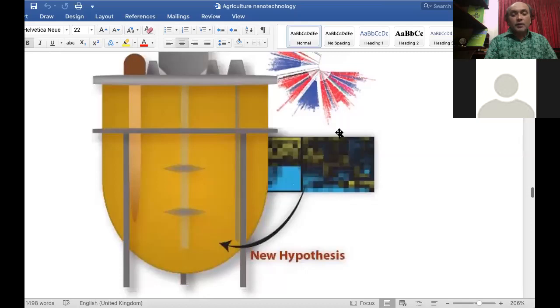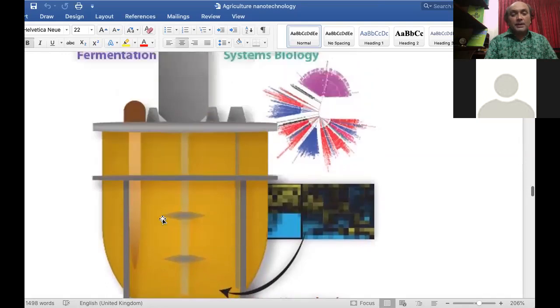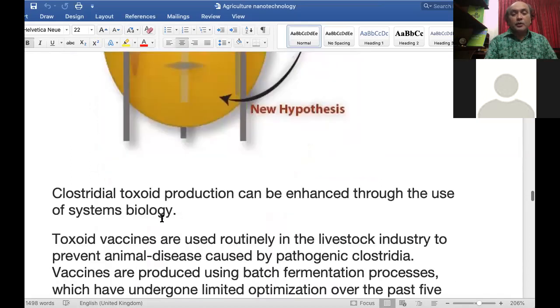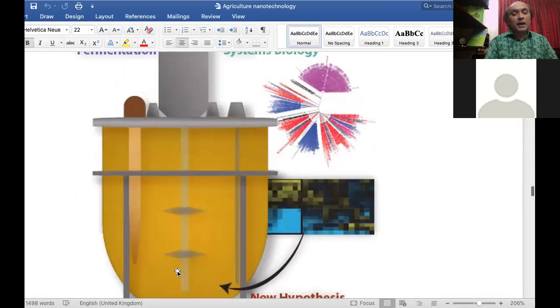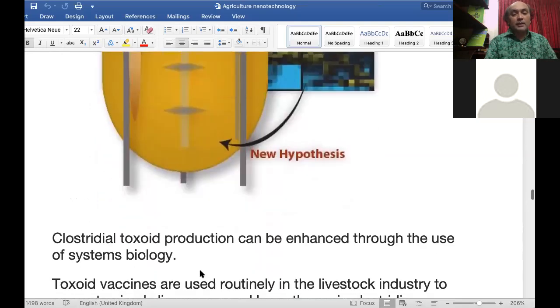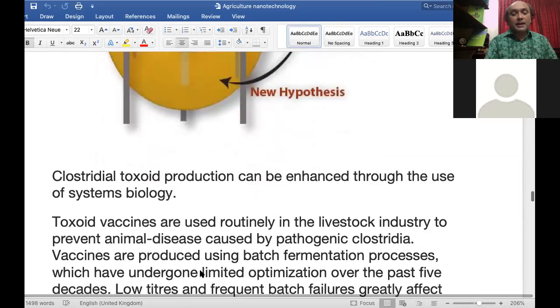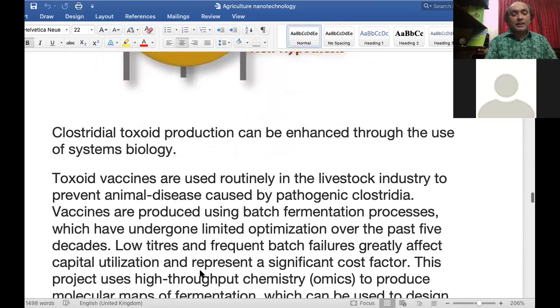And finally, based on new hypotheses, you can design a new Clostridium by genetic engineering, and you can do the fermentation properly to get the enhanced production of bioactive products. Even in the case of a biogas plant, we can also do that job, because we can make more biogas, methane gas, by utilizing the bacteria.